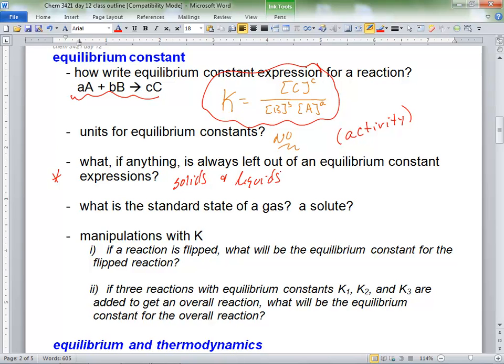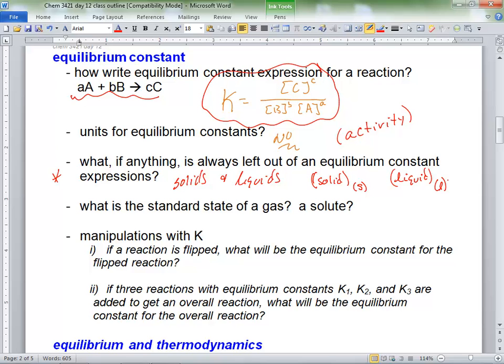How do you know if you have a solid or liquid, Andrew, in a chemical equation? If it's a solid, it'll have a little subscript S. If it's a liquid, it'll have a little subscript L. Not AQ. L.